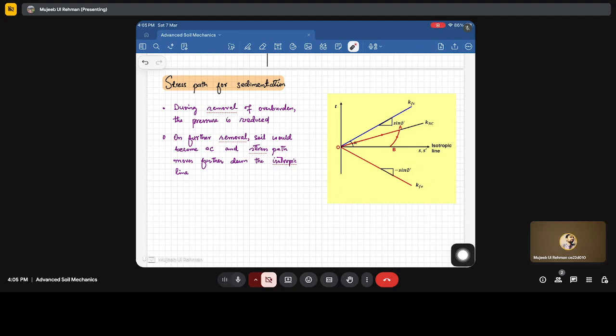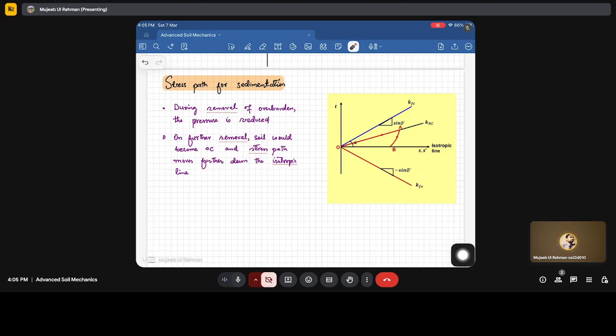So there is an initial deposit, it will be NC soil, because the soil below is experiencing that kind of stress for the first time, so it will start consolidating. Next time another deposit will come and lay over it, and again it will undergo consolidation. Due to this process there will be layering of the soils.